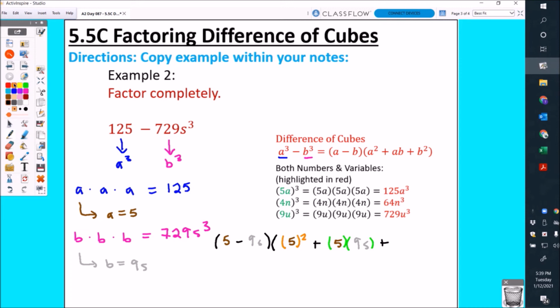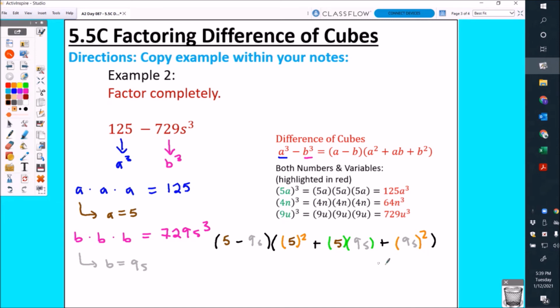So it's going to be b squared. So my b value, which is 9s, we're going to square that. All right, I finished setting it up, filling in my a and b value.